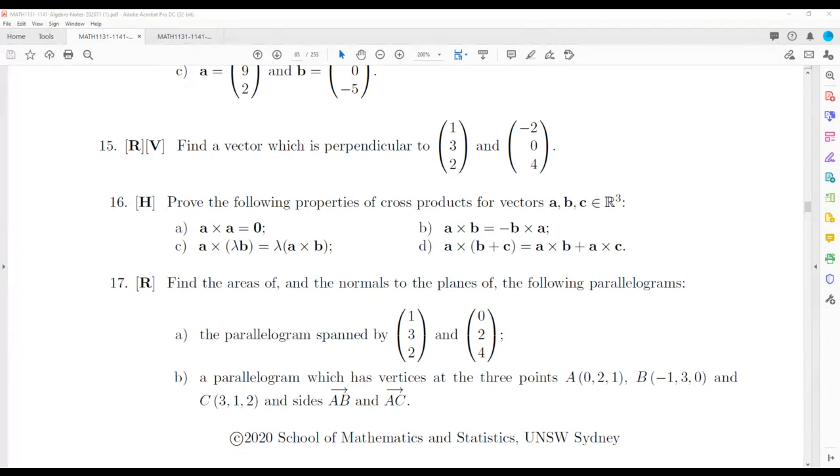I'm trying to think of a counterexample here, Tom, where you have two vectors, they're different, and you don't get a zero answer. Maybe it's the only way. Oh, okay. No, I've got an idea.